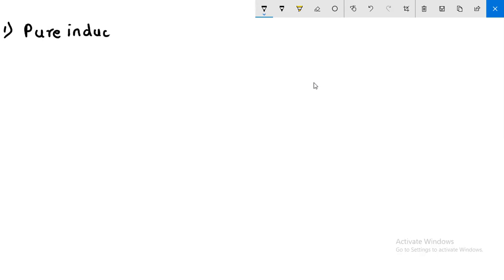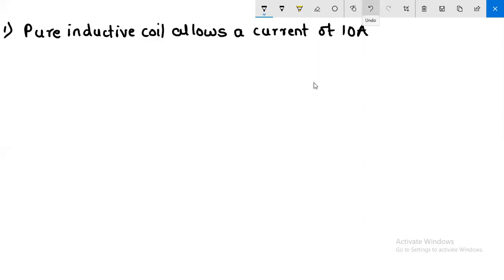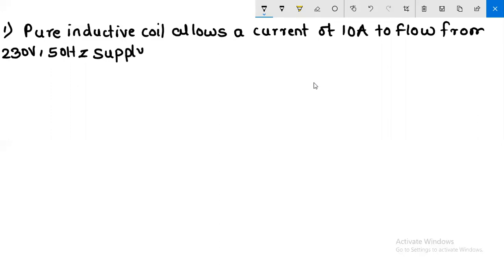A pure inductive coil allows a current of 10 ampere to flow from a 230 volt, 50 hertz supply.